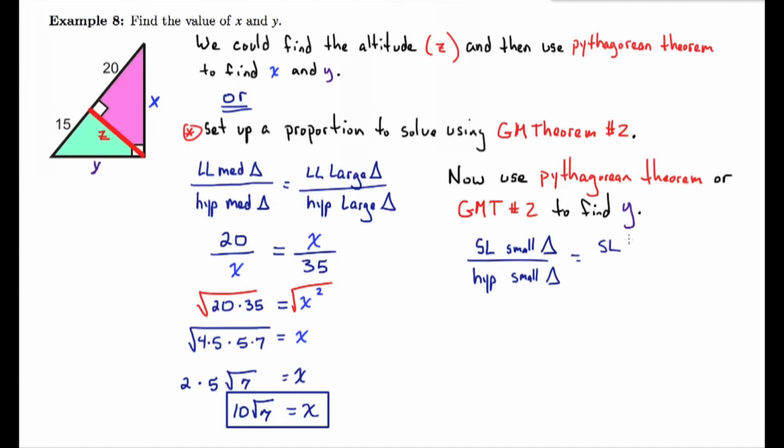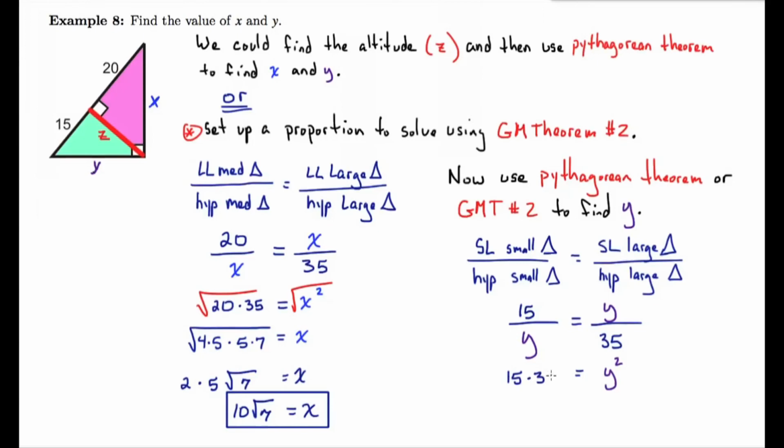So I can take the short leg of the small triangle, which is 15, divided by the hypotenuse of the small triangle, which is y, and that will equal the short leg of the large triangle, which is also y, over the hypotenuse of the large triangle, which is 35. So I get 15 over y equals y over 35. Again, this is the geometric mean, right? y would be the geometric mean, and 15 and 35 are the two numbers.